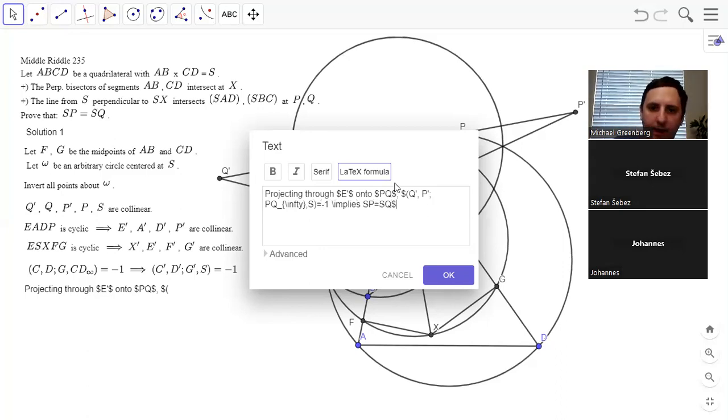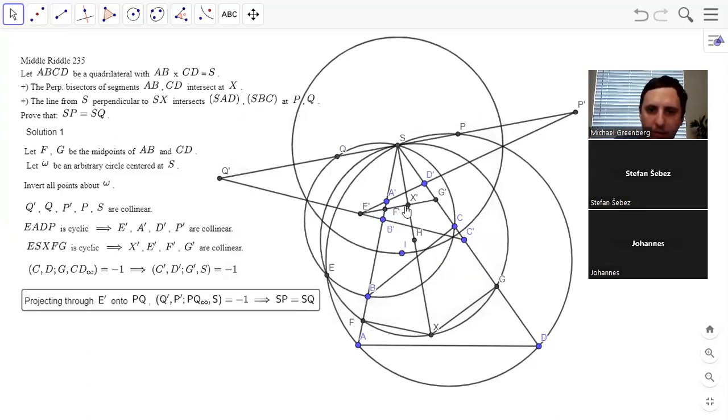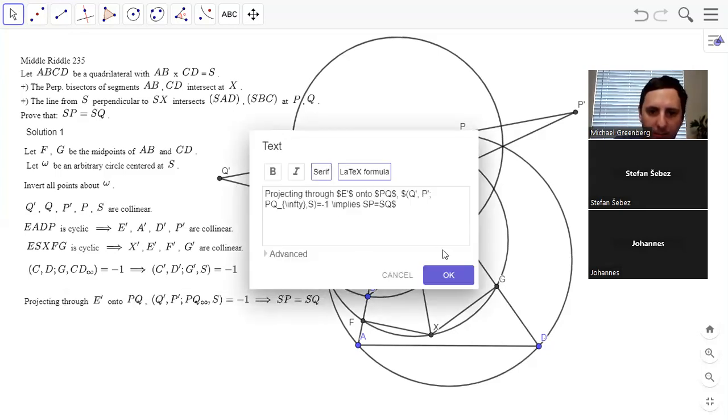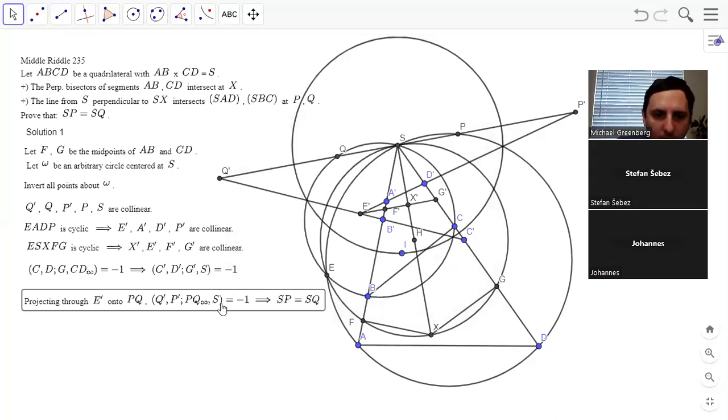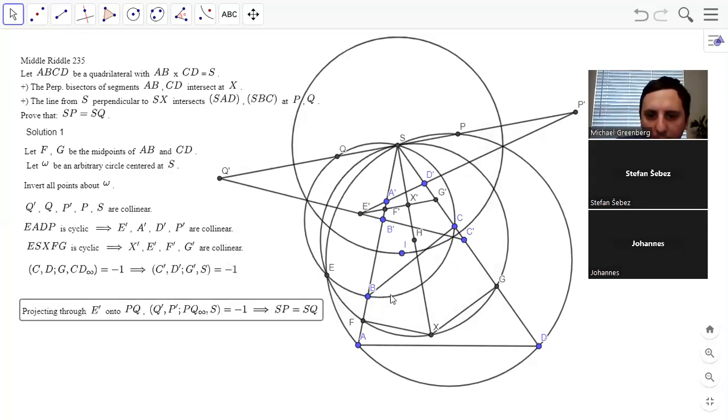So yeah, I think I just had to add that these are parallel, which isn't too hard. So why are these parallel? Because this is a right angle.